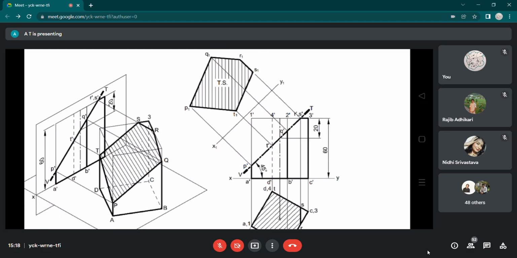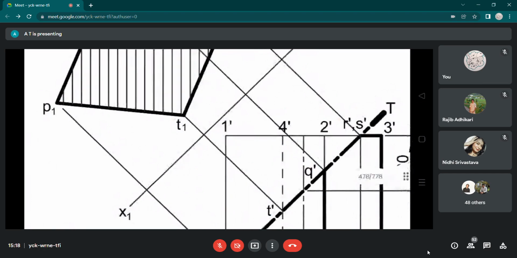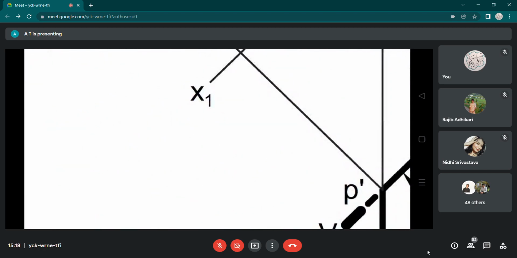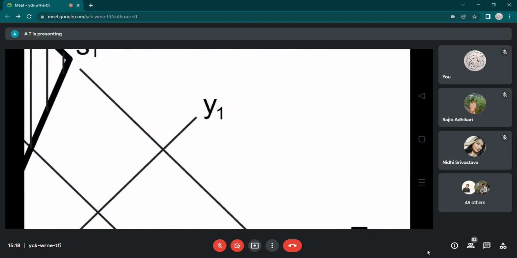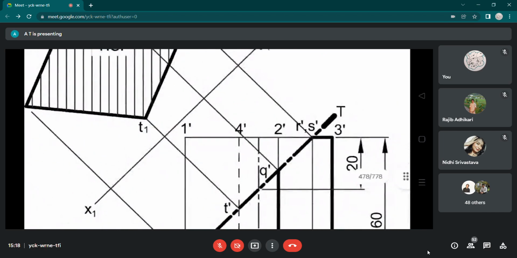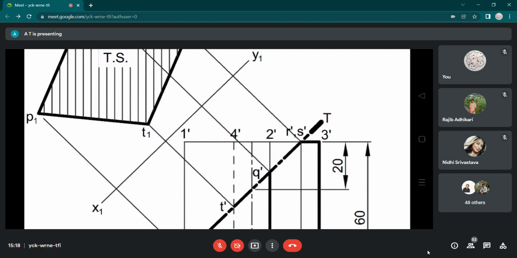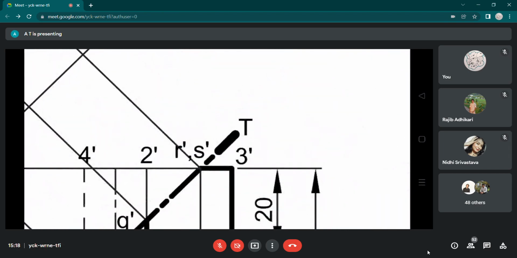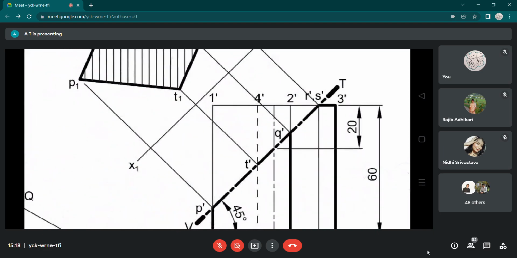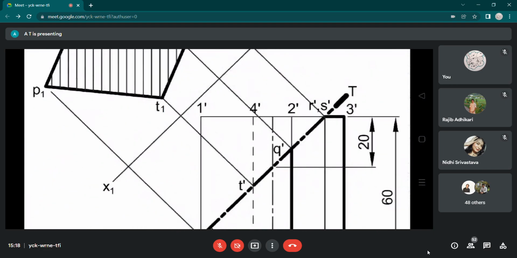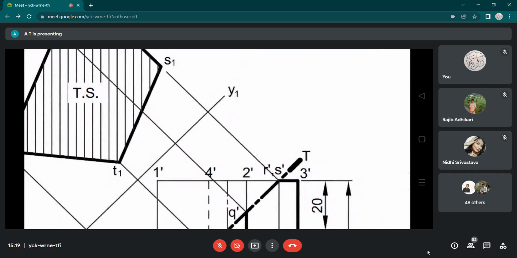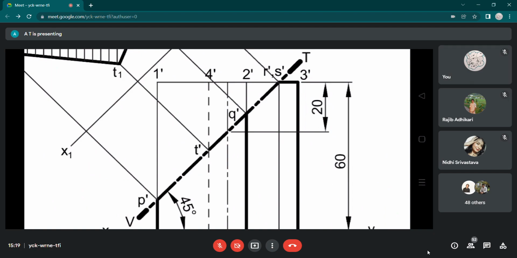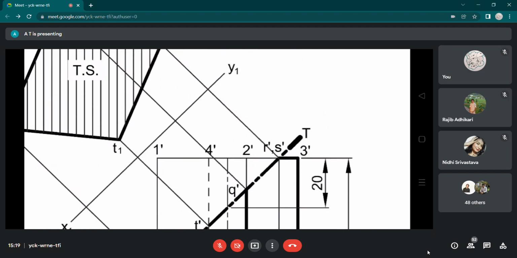What you have to do is first draw this x1 y1 line, the reference line, parallel to the VT, that is the vertical plane VT, at a particular distance, any distance, but don't make it too far away so that you waste space.